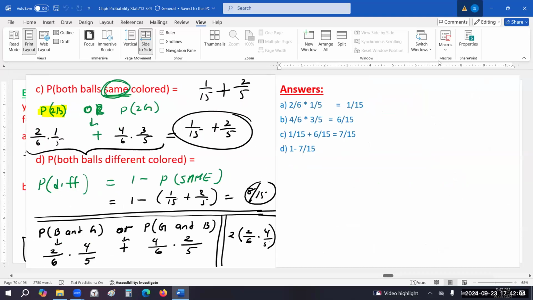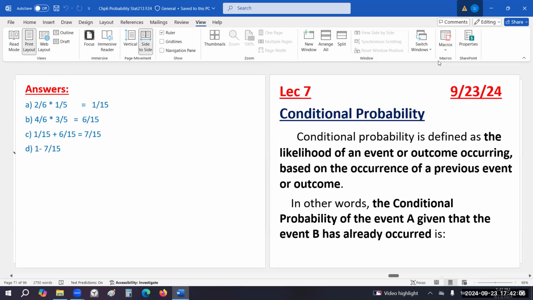Now, based on that, we have a new concept, conditional probability. Conditional probability is when one event depends on the other event, or the probability of one event is not independent of the probability of the other event. So they have some relation, some connection.